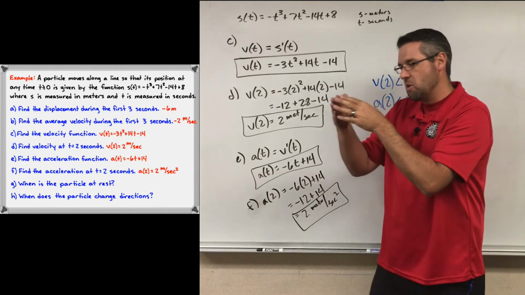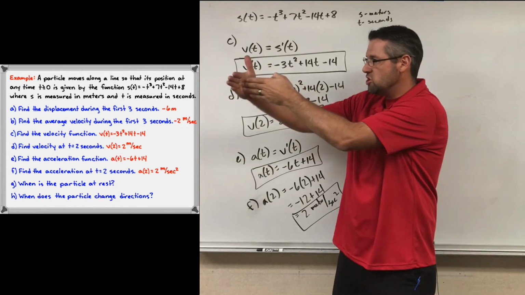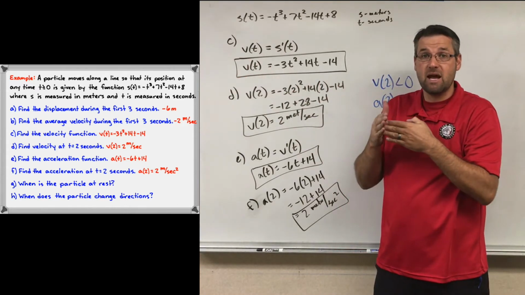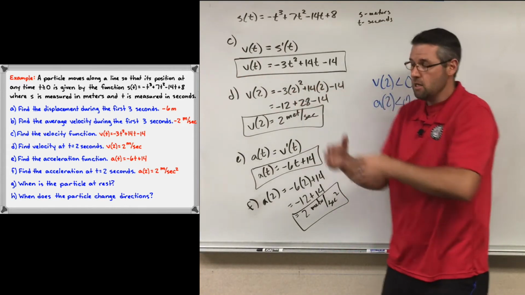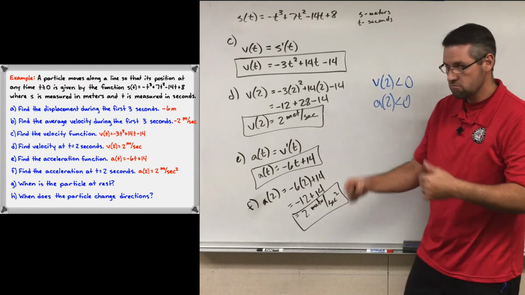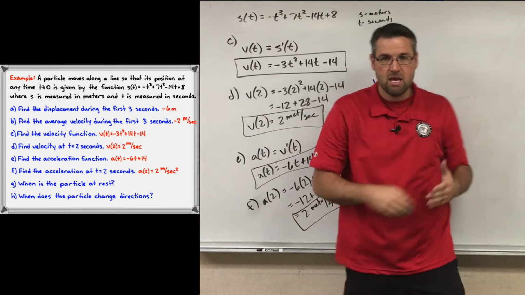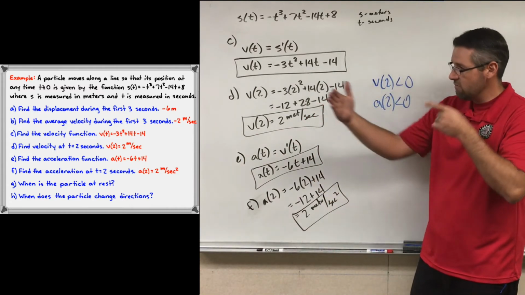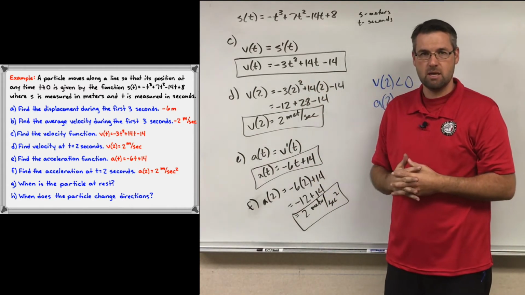So I'm going this way, and then I have acceleration pushing me that way. That would imply that I'm speeding up again, okay? So you can see that if velocity and acceleration are both positive, then I'm speeding up. If velocity and acceleration are both negative, then I'm also speeding up, okay?